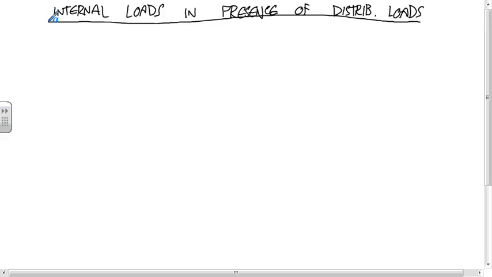Any other questions? Okay. So as far as distributed loads, sometimes, and really probably always, forces are spread out over some area.